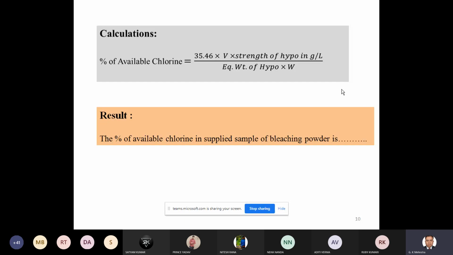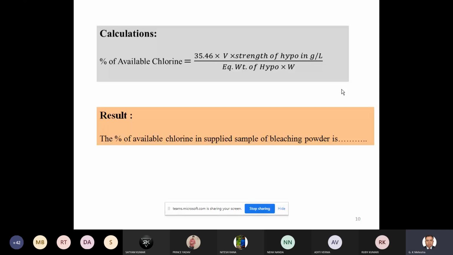On storage of bleaching powder over a long period of time, it loses its ability to disinfect. That's why it is necessary to find out its available chlorine before use, all the time.